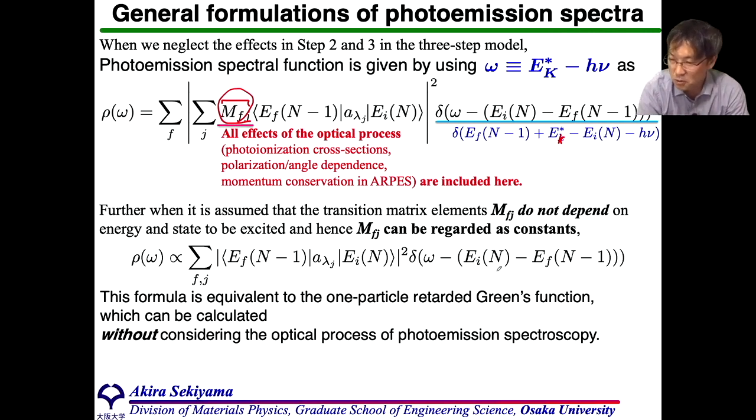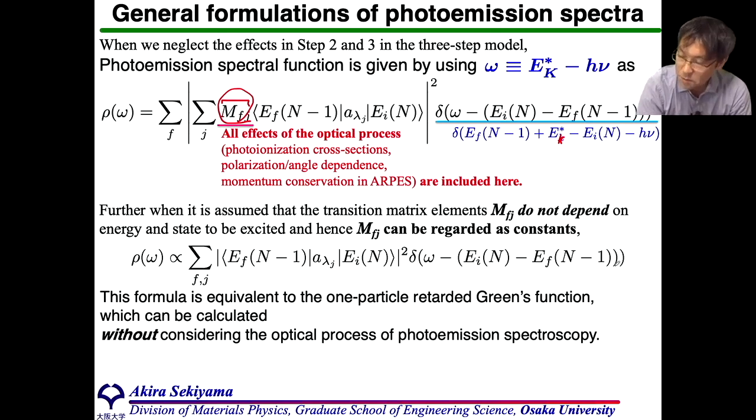Sometimes this is convenient, especially for the theoretician, but sometimes it's too simplified. So sometimes the transition matrix element, including the polarization dependence or something like that, becomes a problem, or this term has an advantage in obtaining detailed information beyond the one-particle Green's function.